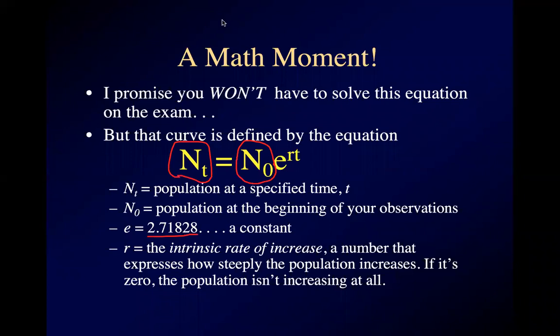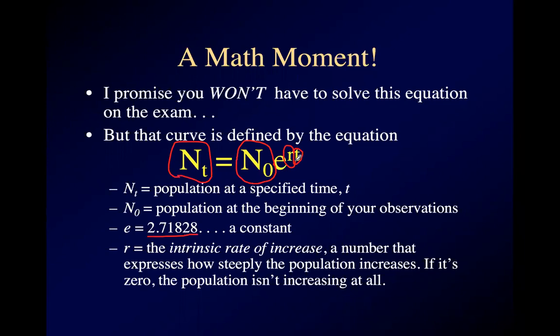But e is a constant. And e is raised to the power r times t. t is, again, time, the length of time it's been going on. And r is a number called the intrinsic rate of increase that expresses how steeply that population is shooting up.